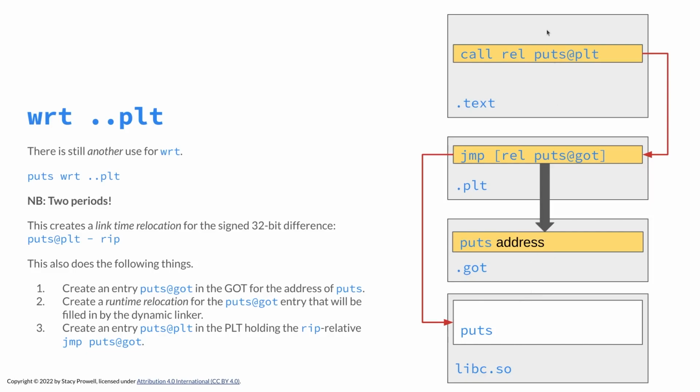So in the text, there is a link time relocation pointing to this code, which has a relocation pointing here. When I call it, I actually call this code, which jumps to here. The address stored here jumps down to there.